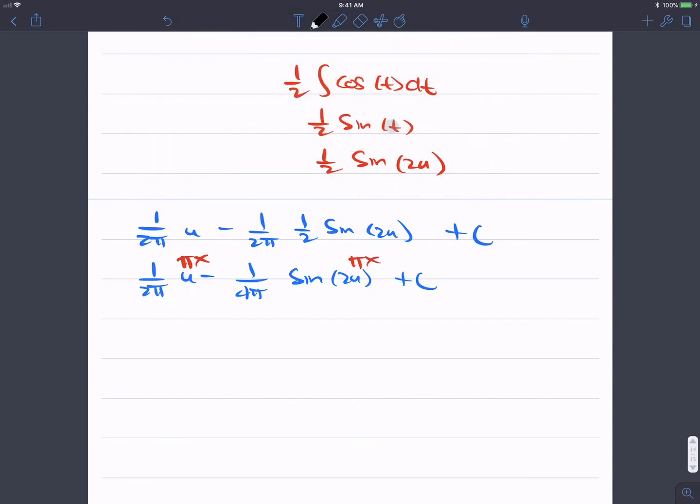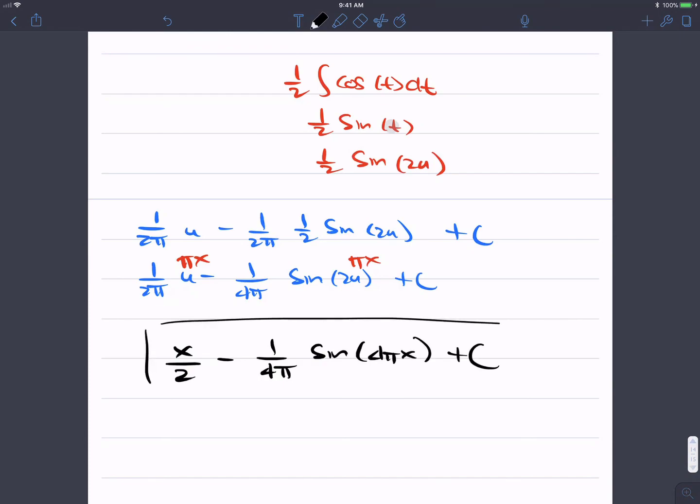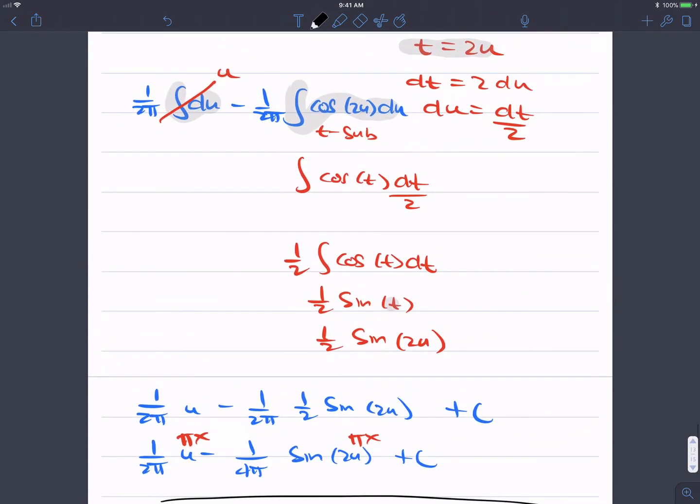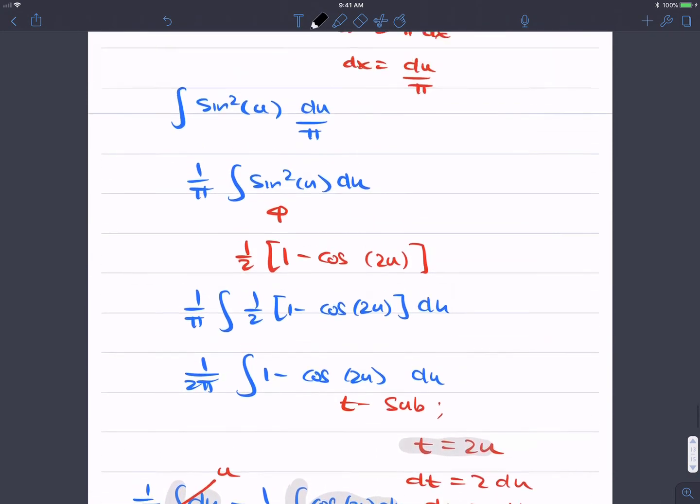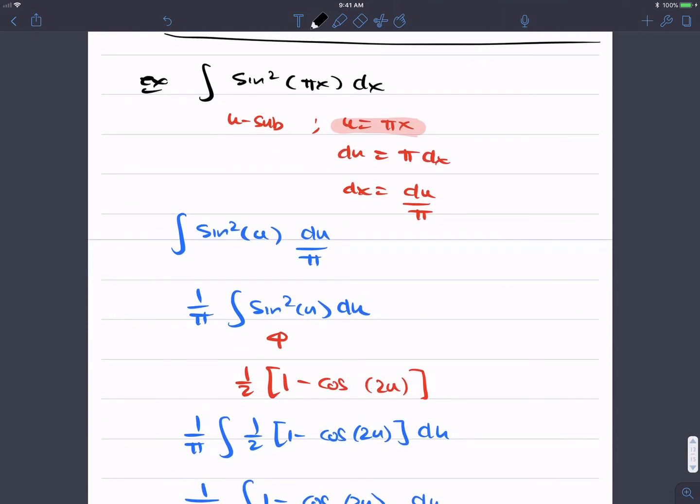Final answer: x over 2 minus 1 over 4 pi sine 2 pi x plus c. So here's a u sub version of some of these integrals as well. I wanted to remind people about some u sub. And this is how we integrate a sine squared pi x problem here.